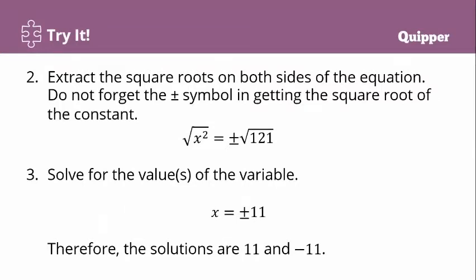Do not forget the positive, negative symbol in getting the square root of the constant. We now take the square root of x² equals positive negative square root of 121. Step 3. Solve for the values of the variable x. The square root of 121 is 11. Therefore, the solutions are 11 and -11.